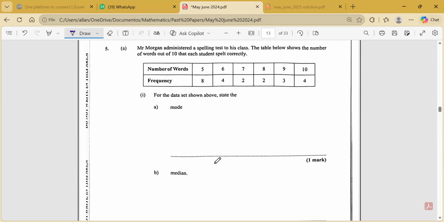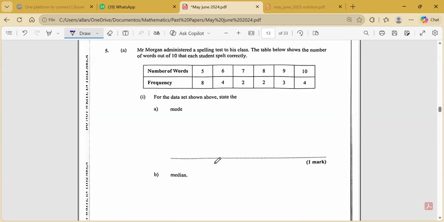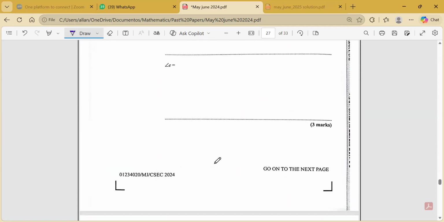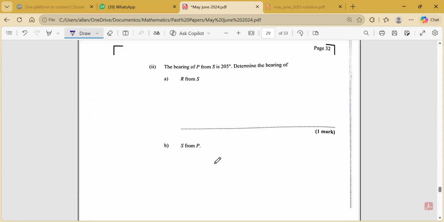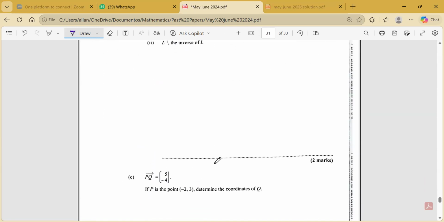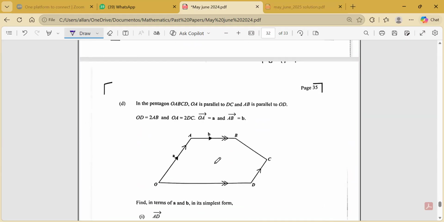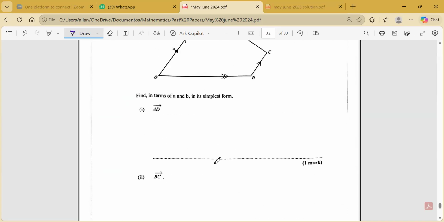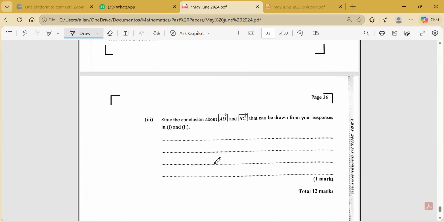Your objective is to make sure you do 1 to 8. If you have time, you can do the matrices question. Go home and try the matrices and this one. You could call me on this on Monday.